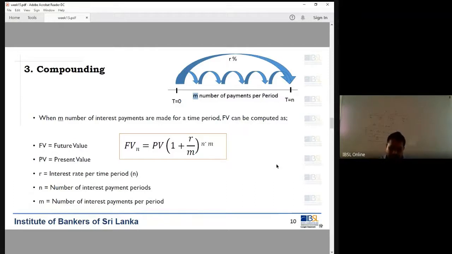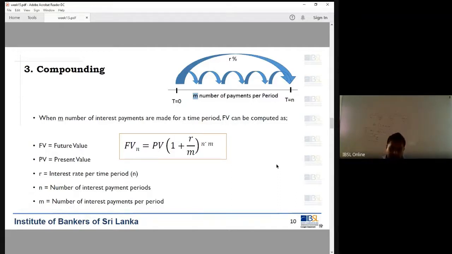That means, a good example, we'll try to simplify this. A good example would be your simple N is going to be 1 year, simple M is going to be 12. So in that case, what can we discuss? We have the period of 1 year and we are going to get our cash flows 12 times.